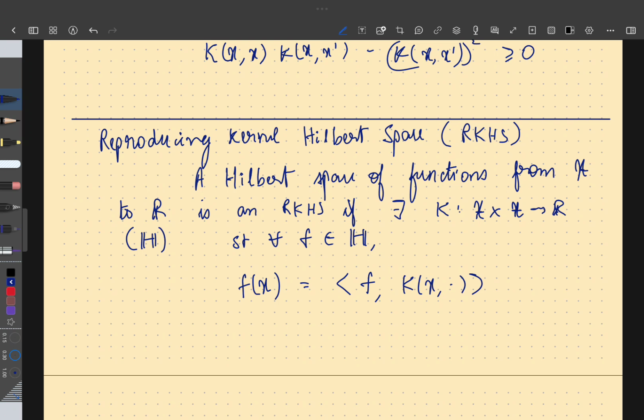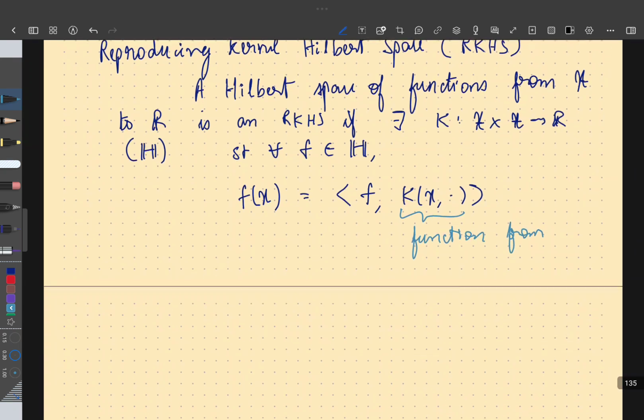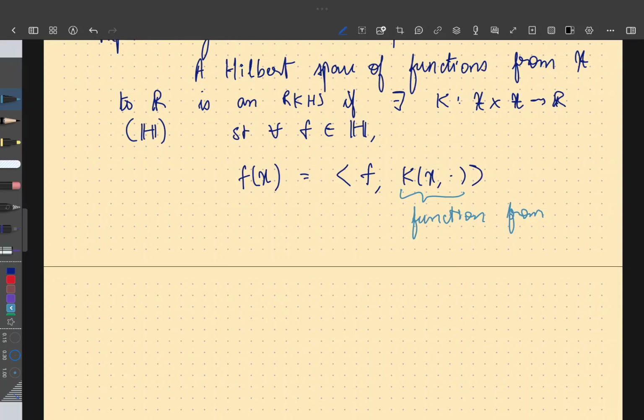If I fix the first input, then this quantity is basically a function from X to R, and this is some function that belongs to the Hilbert space itself.